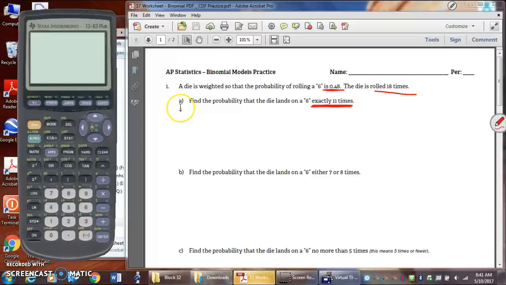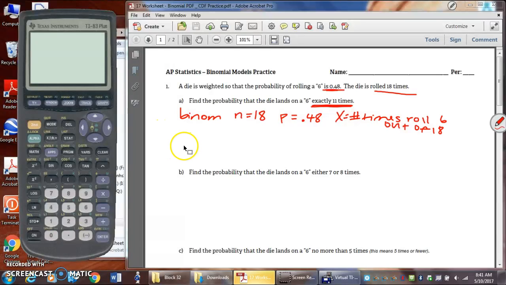Usually when we set up a binomial, we write out: this is binomial, n would be the total number of trials, p is the probability of it happening just overall or once, and we want to know about x, which is the number of times we roll a 6 out of 18. In this problem we want the probability that x is exactly 11.